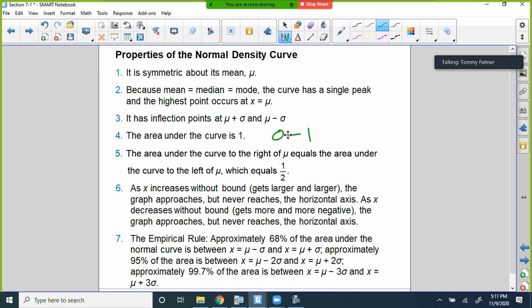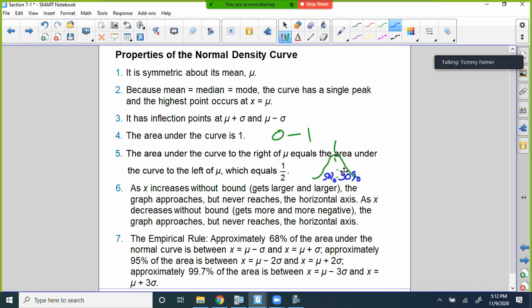It's the likelihood of that happening, okay? The area under the curve on the right equals the area under the curve on the left, which is equal to 1/2. You've got 50% on this side and 50% on that side of the mean, okay? Your mean is smack dab in the middle.